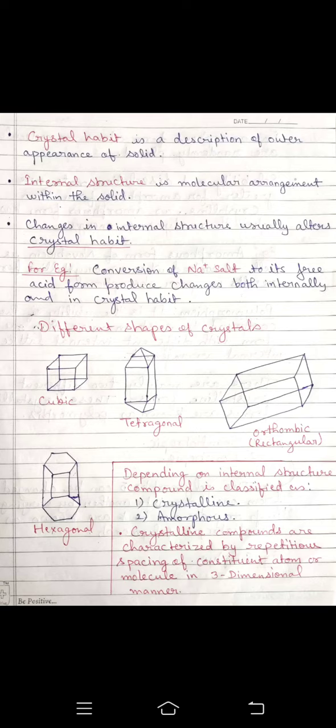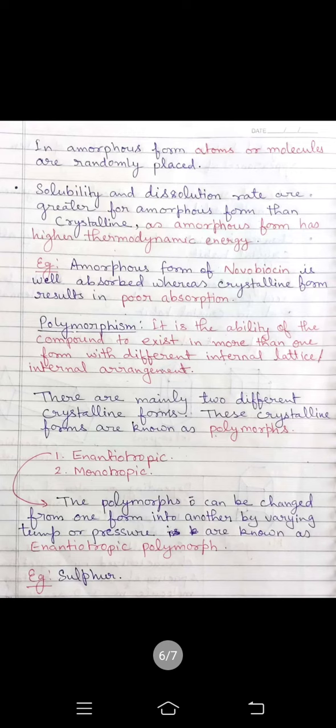Crystalline compounds are characterized by repetitious spacing of constituent atoms or molecules in 3D space. In amorphous form, atoms or molecules are randomly placed, whereas in crystalline form, the atoms and molecules are very compactly packed. They do not have any void spaces, whereas amorphous form contains some void spaces.